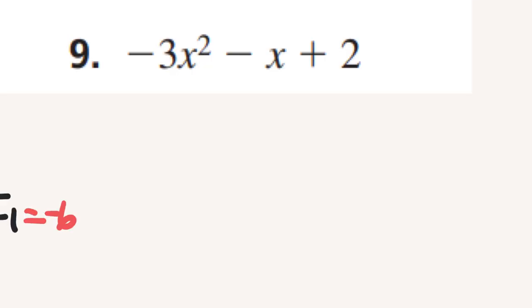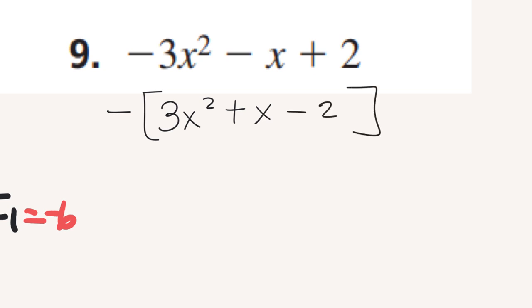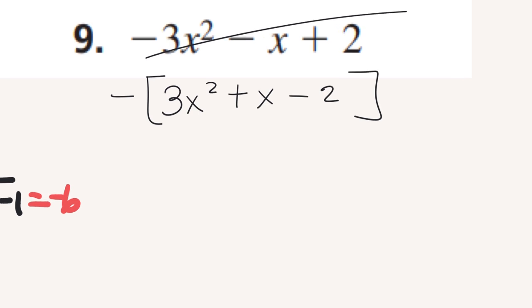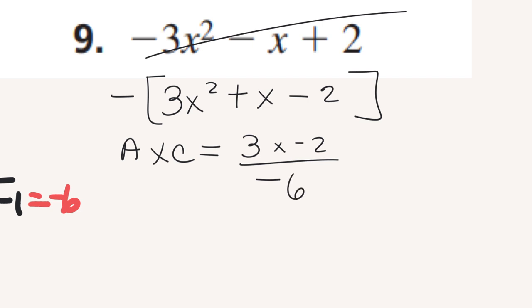Number 9, I have another negative. So brackets, I have 3x squared plus x, remember opposite, minus 2. Done with that equation. There is no GCF. It's already at its prime. Correct? So I have a times c, which is 3 times negative 2 gives me negative 6.